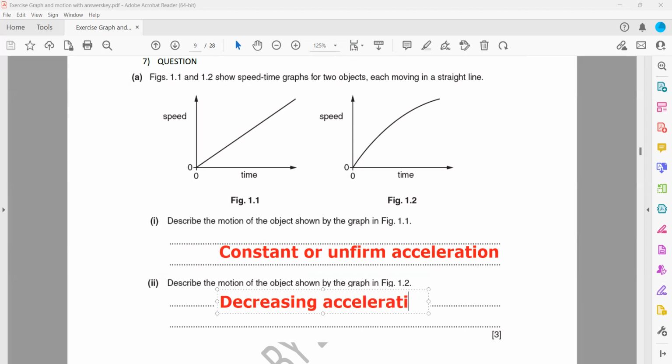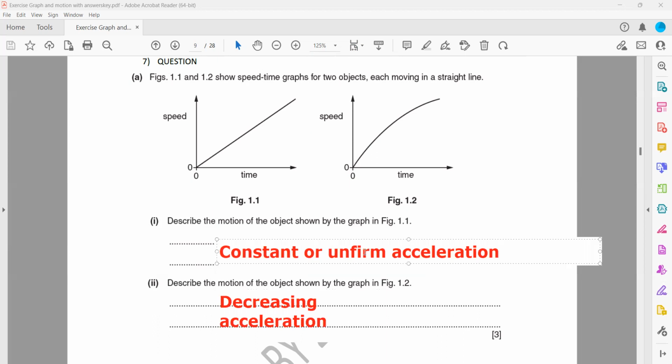And what is the common thing in both graphs? One is constant or uniform, and the other one is decreasing, but with an increase in speed. Or we can also say speed increases here.